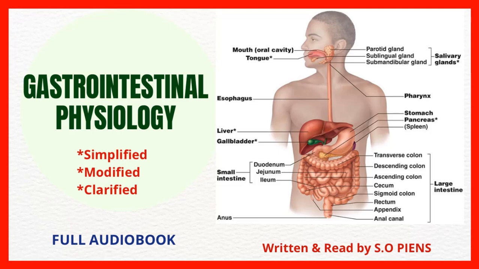Now let's go to the absorption of protein products, which are majorly amino acids. Amino acids are in two forms. We have L form and D form. The L form is via sodium co-transport, just like glucose.